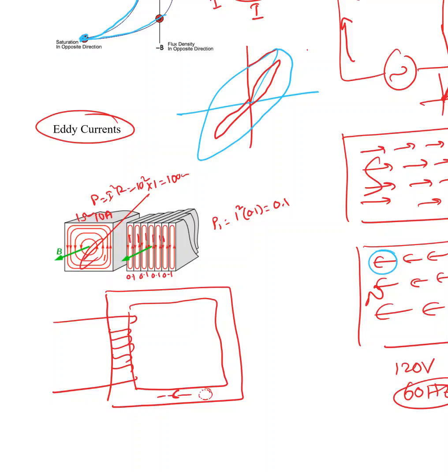We minimize hysteresis losses by choosing a good magnetic material, and we reduce the eddy current losses by laminating the core. These hysteresis losses and eddy current losses together are called iron losses in all electrical machines.